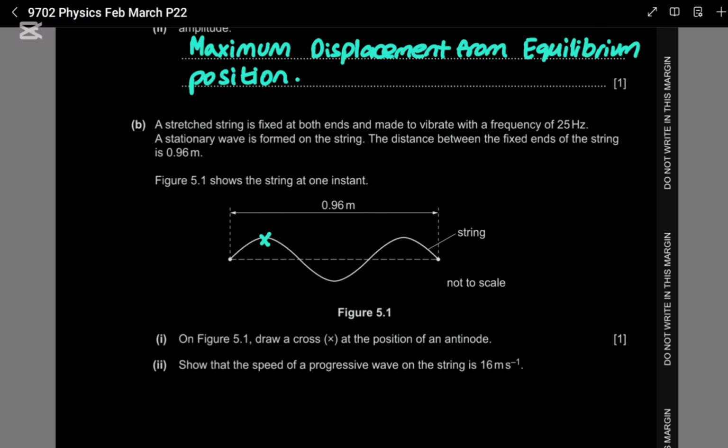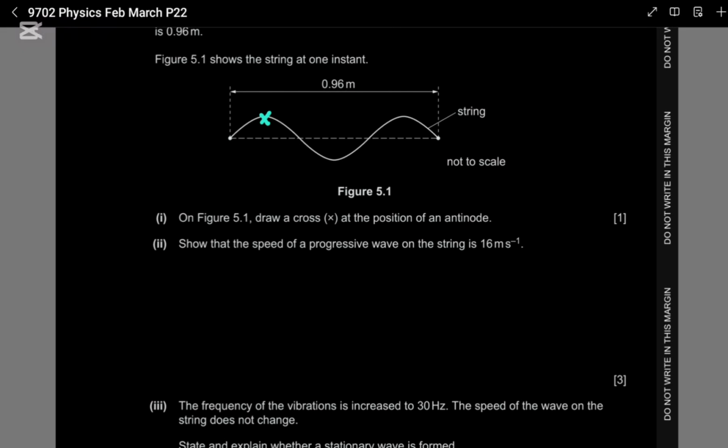Yeah, that's it. Now part II says show that the speed of a progressive wave on the string is 16 meters per second. Now v is equal to f lambda. So this is the main equation. Now what is the wavelength?